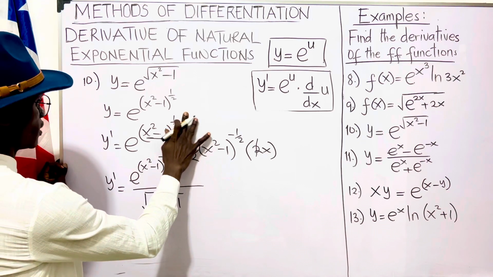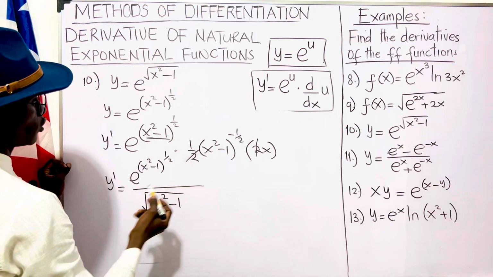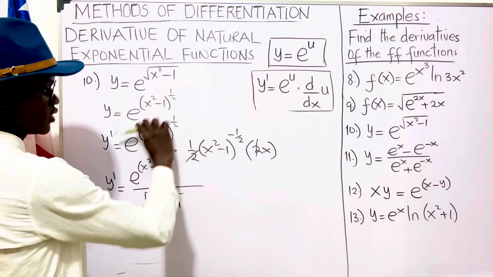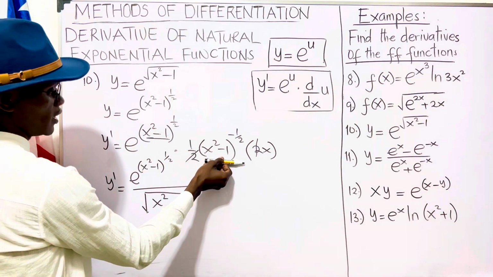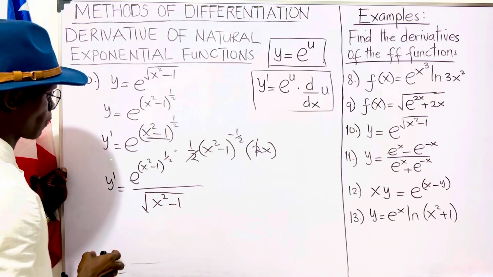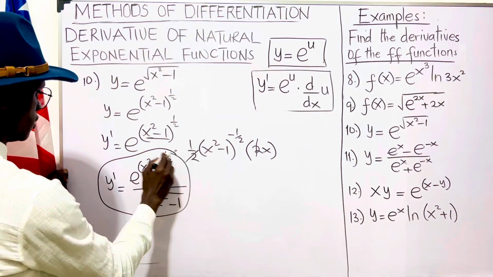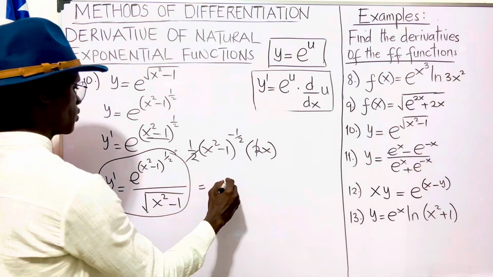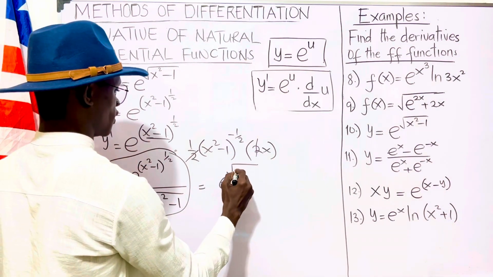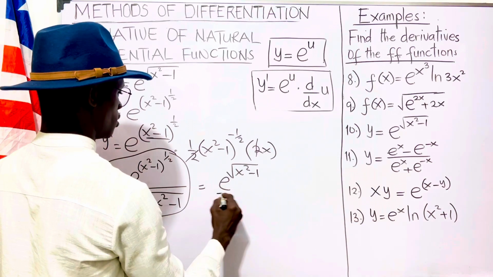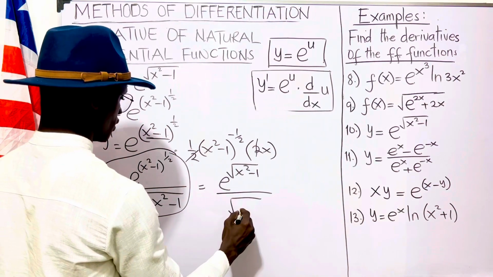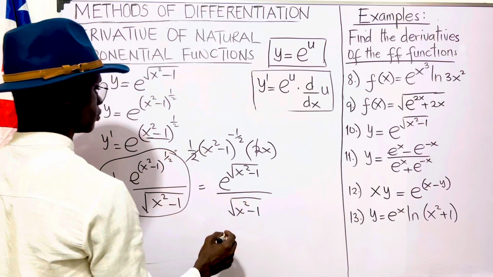Oh, sorry, this was not negative 1 over 2. So we just rewrite this one, and then it was here that we differentiated this power. So this is our answer. Or you can say e raised to the power square root of x squared minus 1, all over the square root of x squared minus 1.